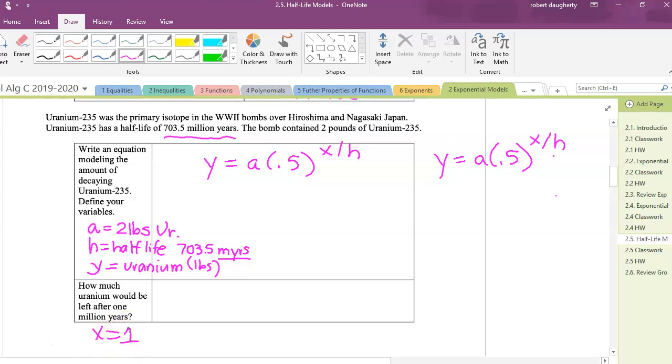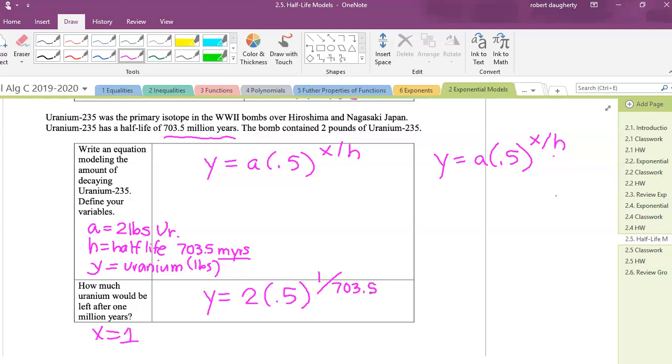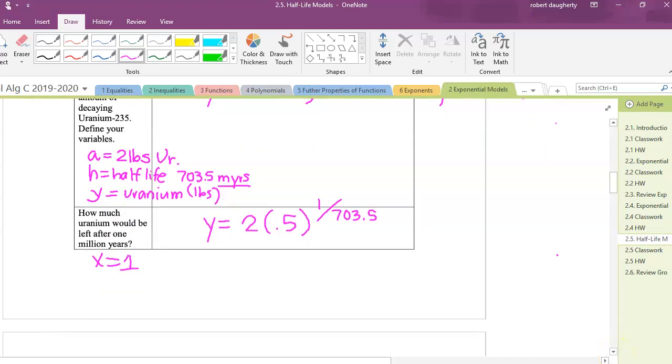So my formula would be y equals 2 pounds times 0.5 to the x, so that's 1 over 703.5. That will tell me how much is left after 1 million years, because this was measured in millions of years. So let's do that calculation on our calculator.